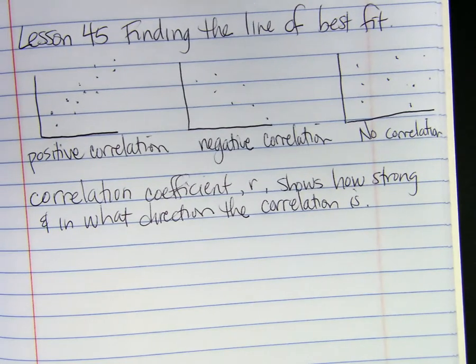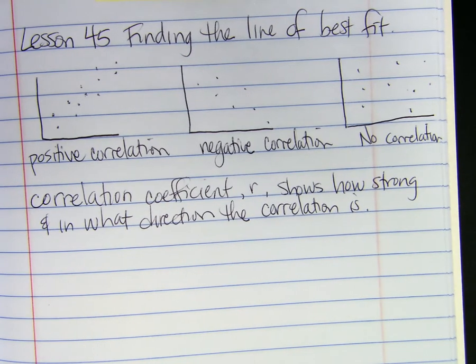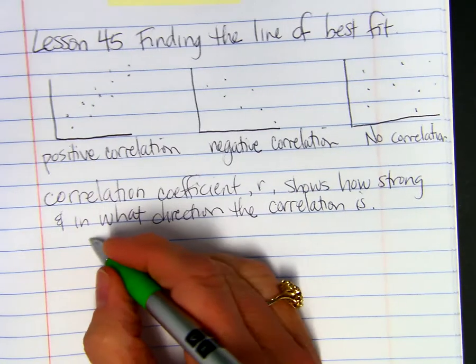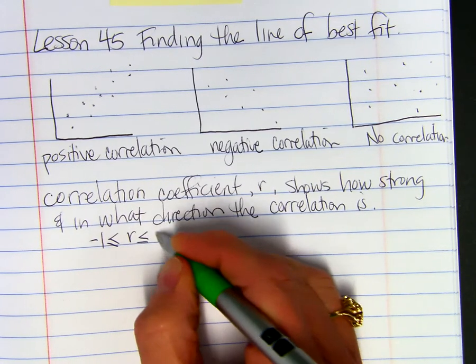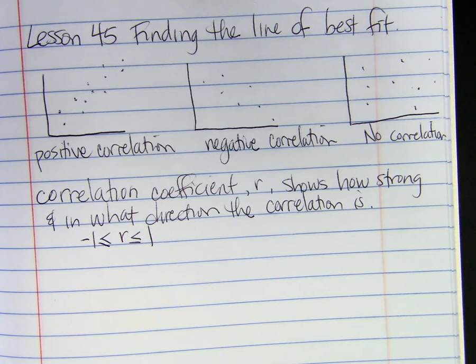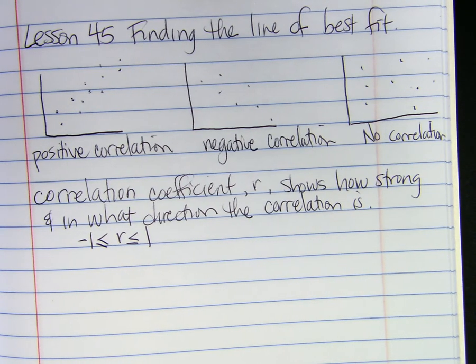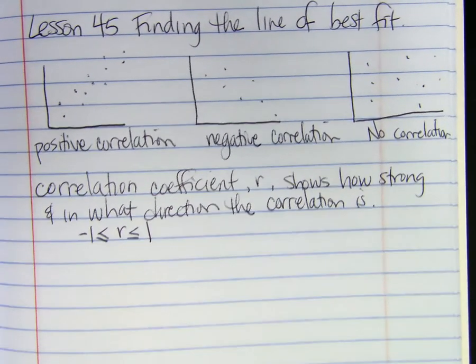The coefficient R can range from -1 to 1. So negative values have a negative correlation, and positive values would have a positive correlation.